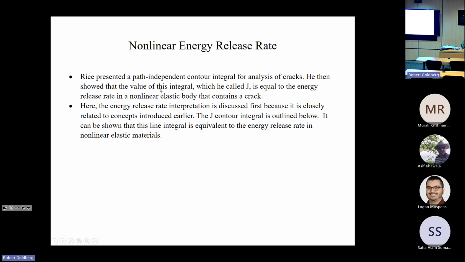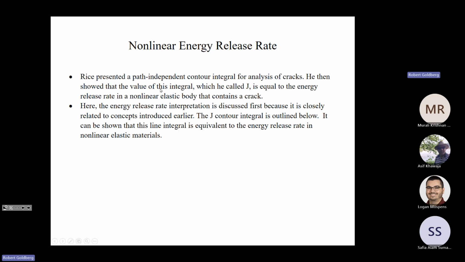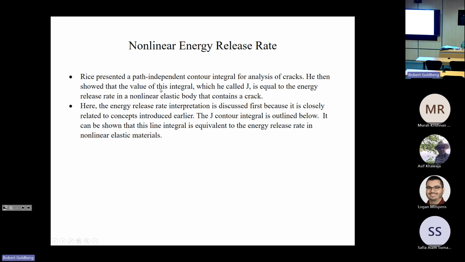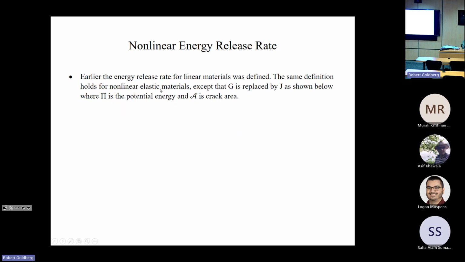He showed that the value of this integral, which he called J, is equal to the energy release rate in a nonlinear elastic body that contains a crack. We're going to talk about the energy release rate interpretation first because it's closely related to ideas that we talked about before. We're going to outline the process in just a second, and it can be shown that this line integral is equivalent to the energy release rate in nonlinear elastic materials.